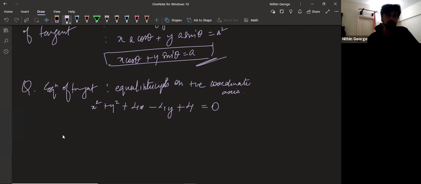Find the equation of the tangent making equal intercepts on the positive coordinate axis.